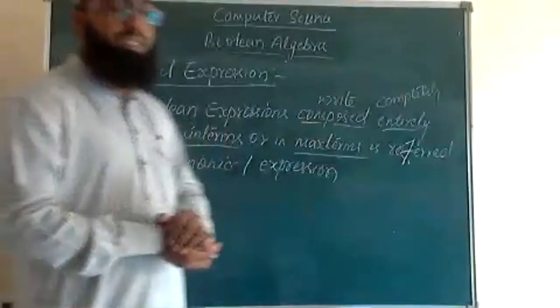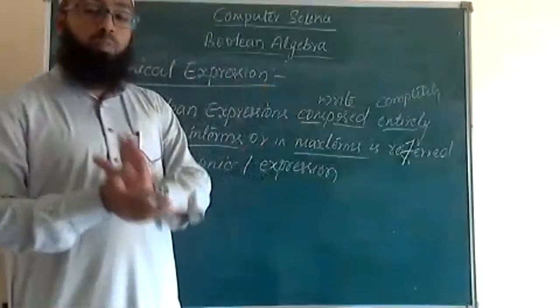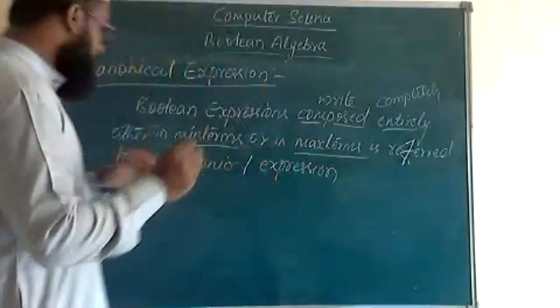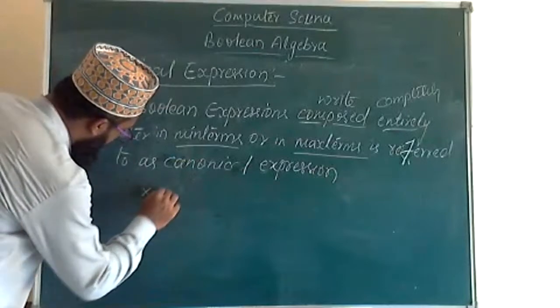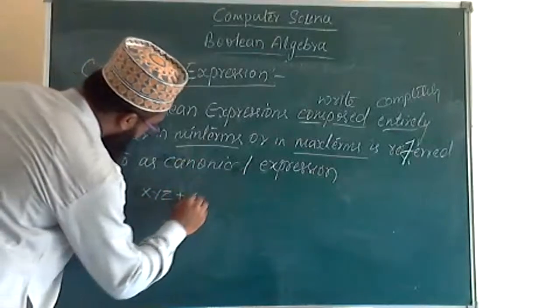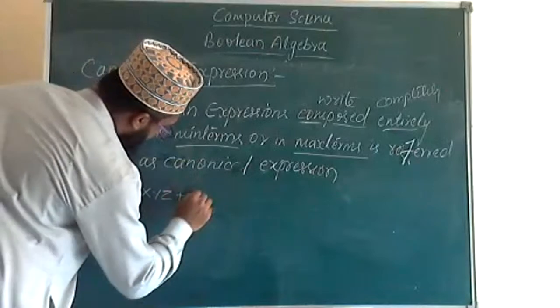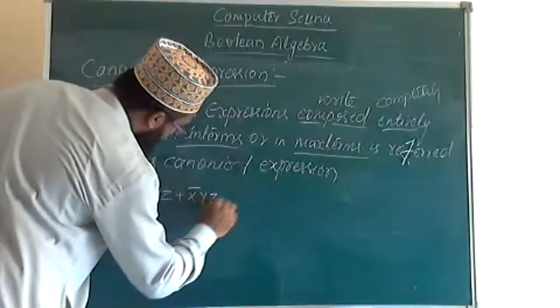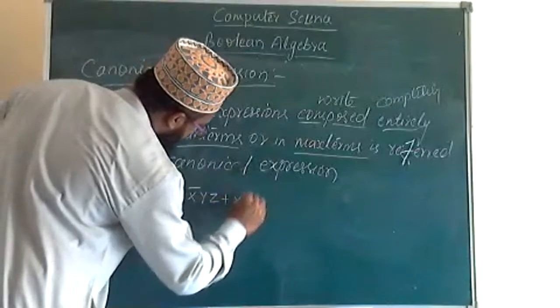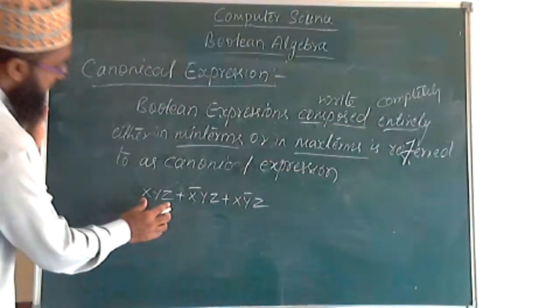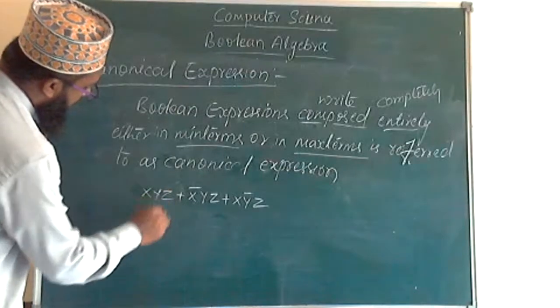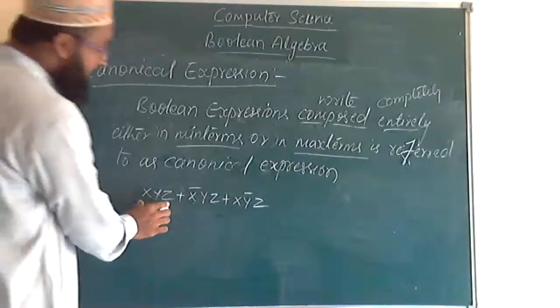First, I will take min terms. What is min term? It is a product of the literals. So here xyz plus x bar yz plus xy bar z. Okay, see, this is product of the literals.